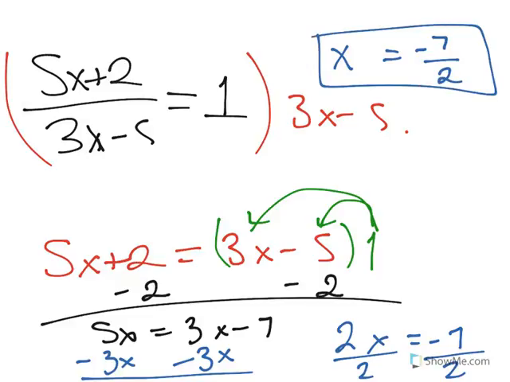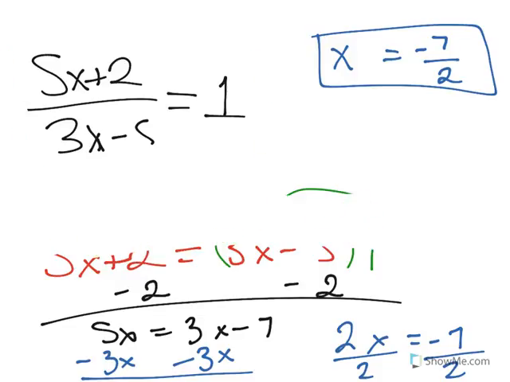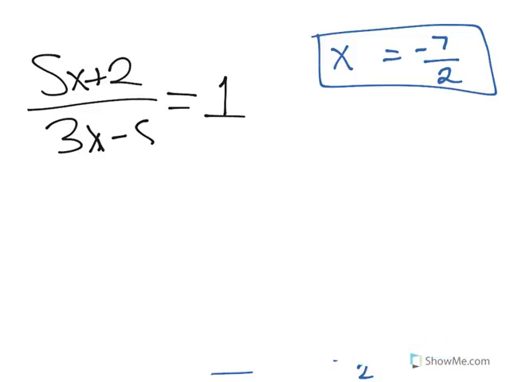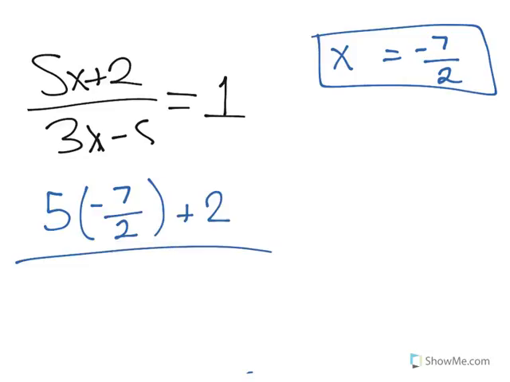And that's our solution. Now, just to make sure that by multiplying both sides by 3x minus 5 we didn't change anything, let's plug in that value to x and see if we actually get 1. So 5 times negative 7 over 2 plus 2 over 3 times negative 7 over 2 minus 5.